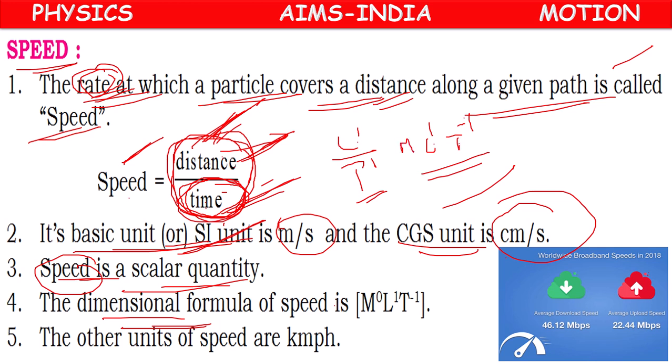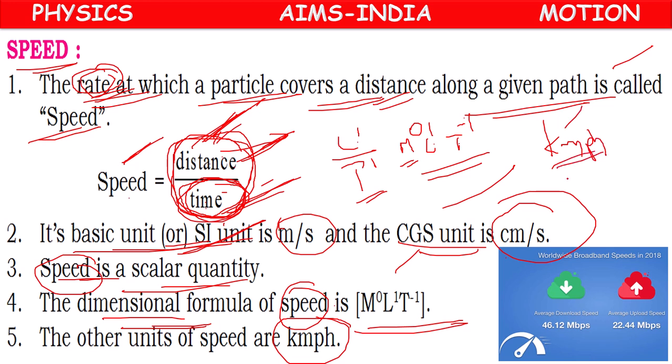There is no mass here, so mass is not involved. So the dimensional formula of speed is M0 L1 T minus 1. Okay. The other general unit of speed is kilometer per hour, because for buses and big vehicles, we make use of the unit kilometer per hour. We call it kmph.